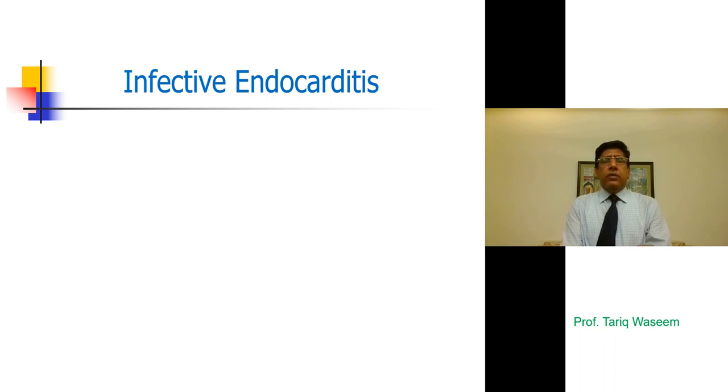Now, the one thing which we had in common was a febrile illness, a worsening of cardiac symptoms in the form of breathlessness, dyspnea, palpitation, and along with that, say, malaise and ill health. Now, this all points towards infective endocarditis. What is infective endocarditis?